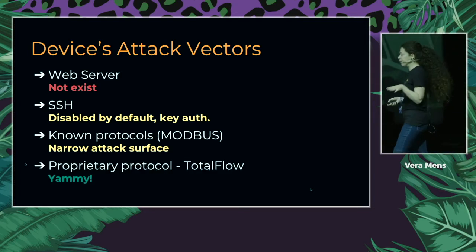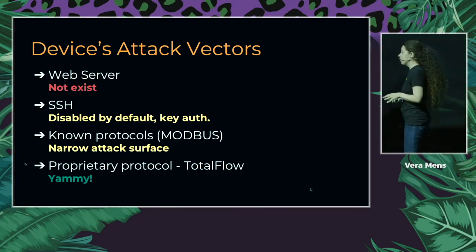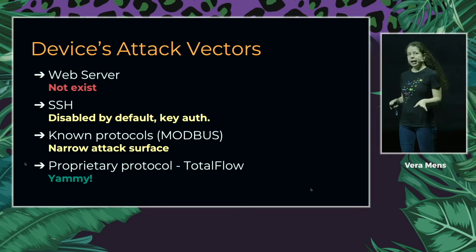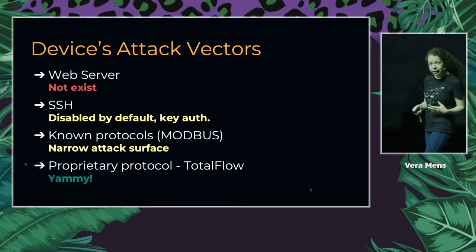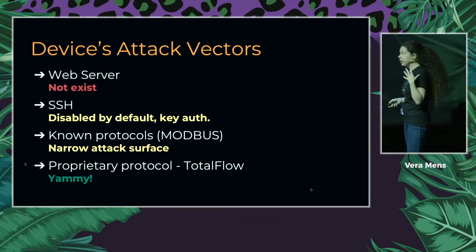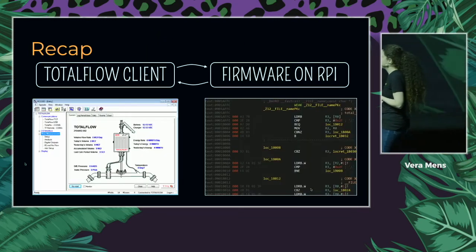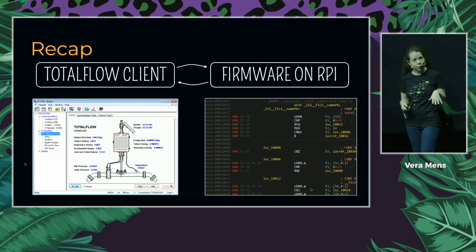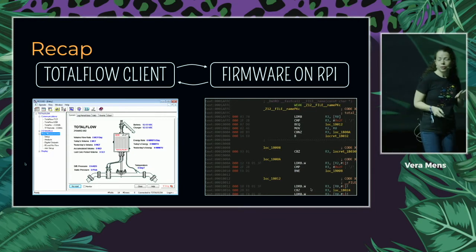But fortunately for us, we have another option. We have the TOTALFLOW protocol, which is a proprietary and not documented protocol that is used to configure the device. And this sounded like a good way to go, and it was. So just to recap what we have up until now, we have our client, the TOTALFLOW client.